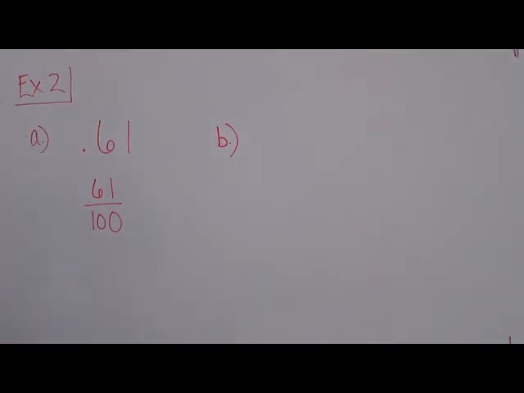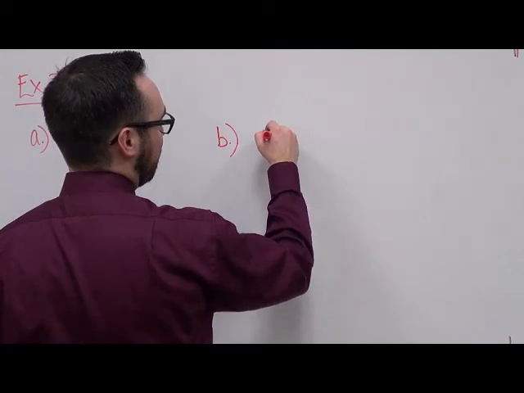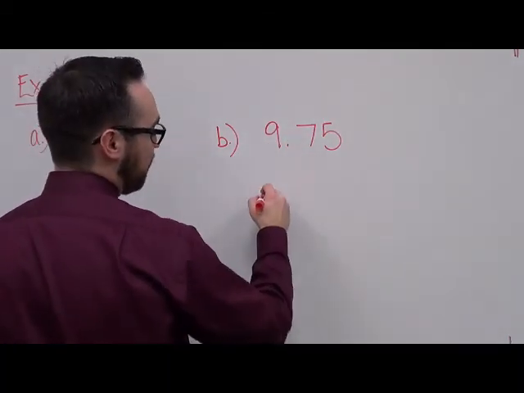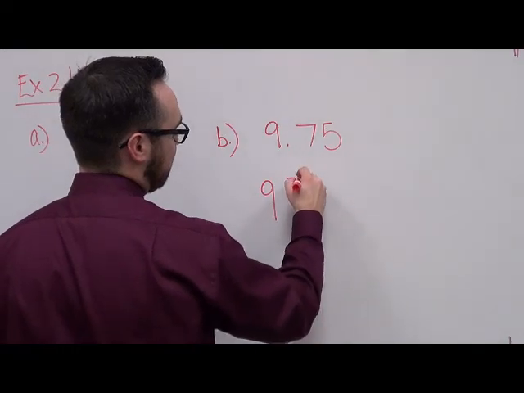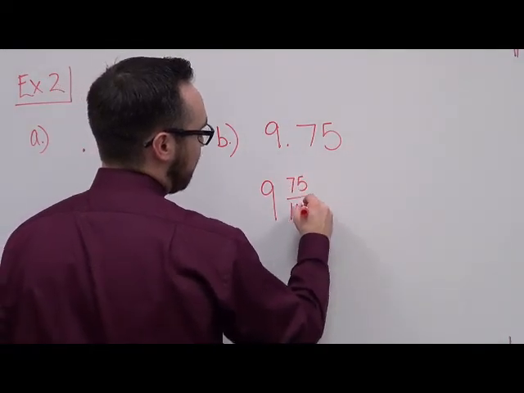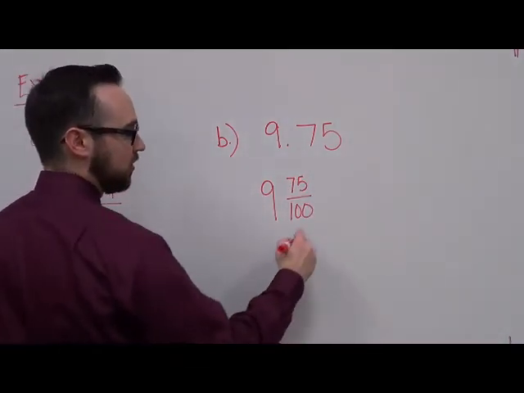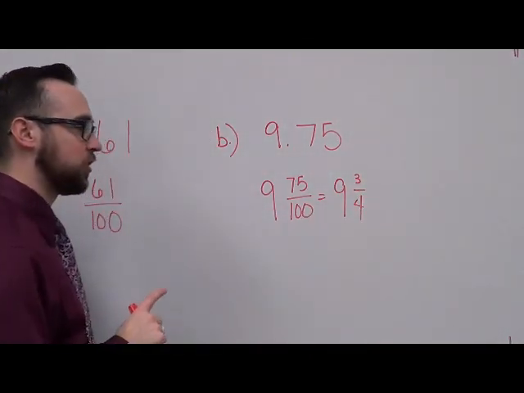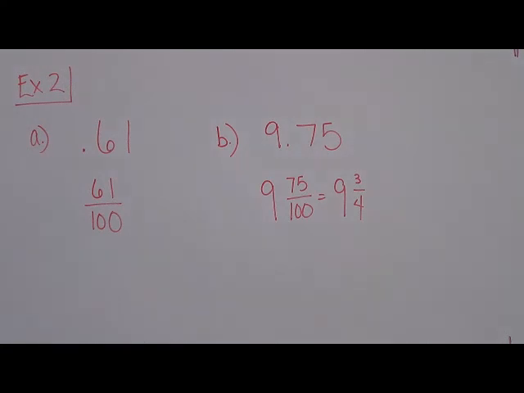So remember that if we had, for instance, 9.75, that's 9 and 75 hundredths. So you write that as 9, 75 over 100. And always simplify if you can. We know that would be 9 3/4. So just keep those sorts of things in mind. But writing a repeating decimal as a fraction, we're going to hold off on and talk about at another time.